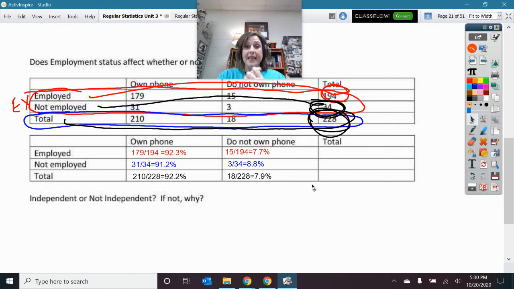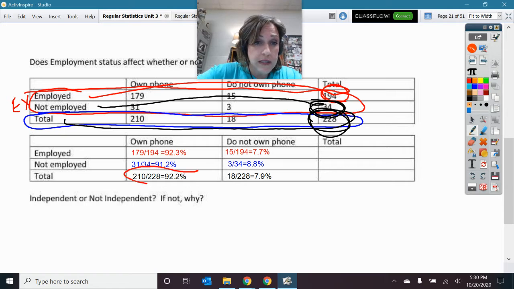So now let's compare. Got our percentages in there. I went ahead and did those. So here we go. Is the fact that you are employed or not employed affecting the rate at which you own a phone? So let's see. Look, overall, 92.2% own a phone. Well, what happened here? Employed, 92.3% own.